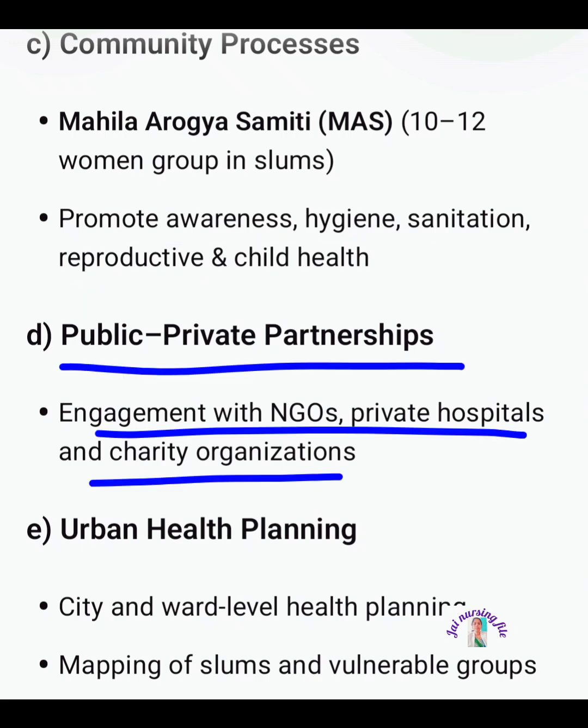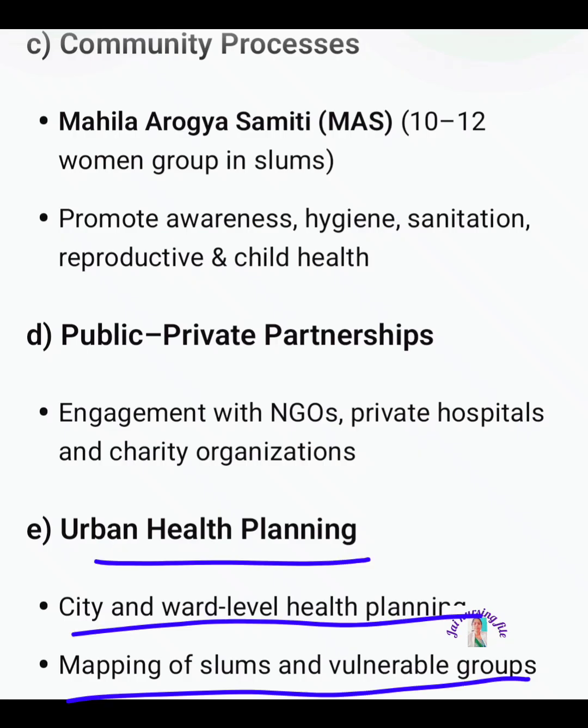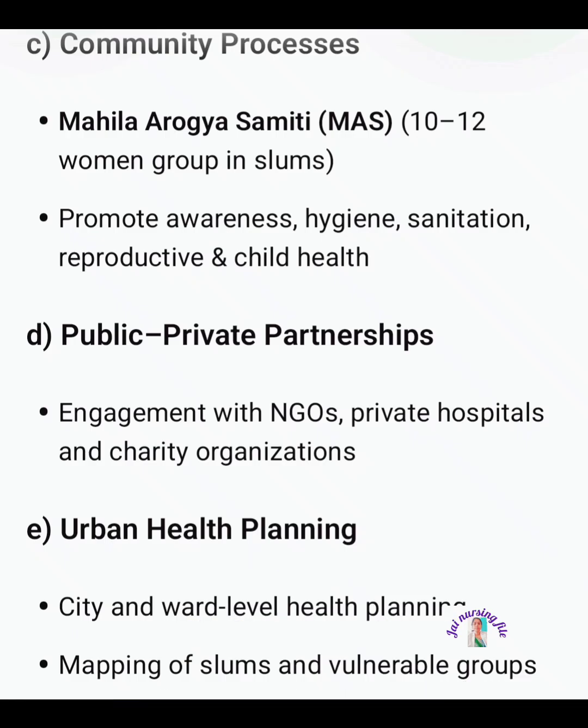And next one, public-private partnership: engagement with NGOs, private hospitals and charity organizations. Then urban health planning: city and ward level health planning, and then mapping of slums and vulnerable groups. So C is community processes, public-private partnership, urban health planning.